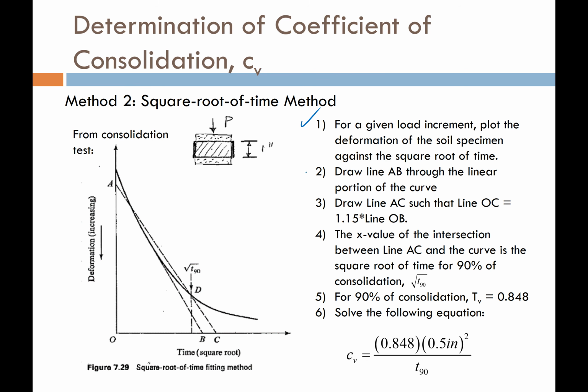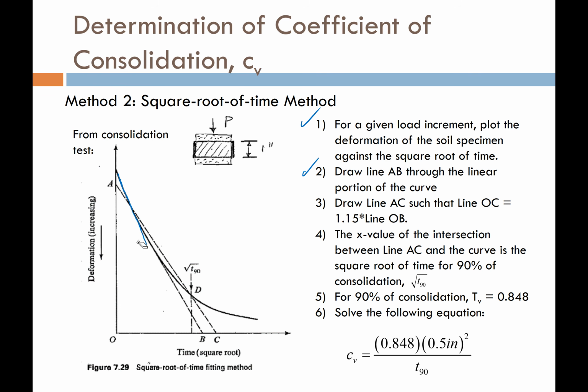Now, step number 2. This is the tricky part, and this is the part that drives a lot of students crazy. The instructions say draw line AB through the linear portion of the curve. A lot of students will look at this and say, well, that looks pretty linear. So they draw it right through the very early portion of the curve. That's not right.